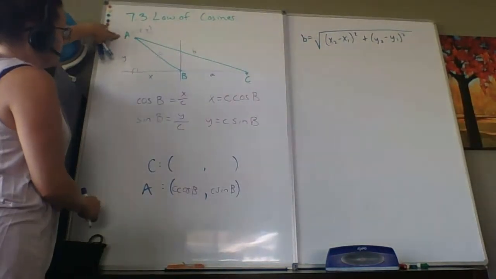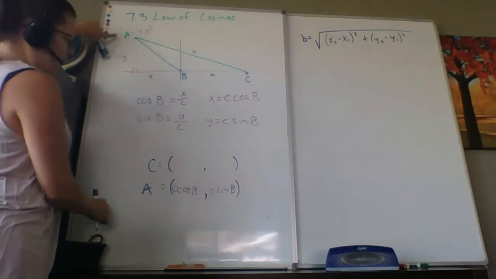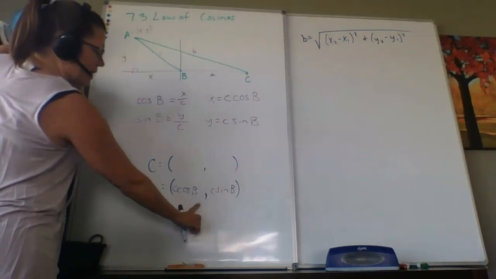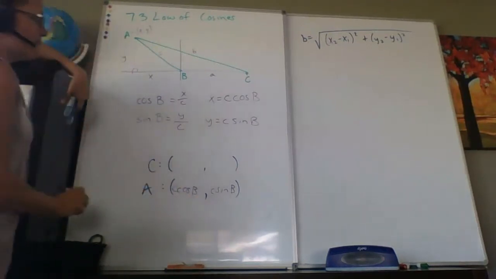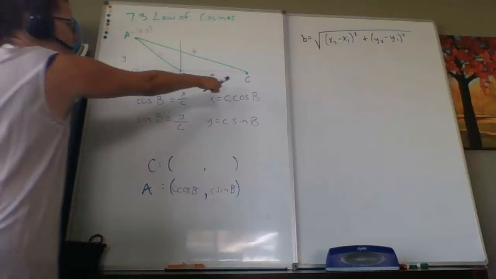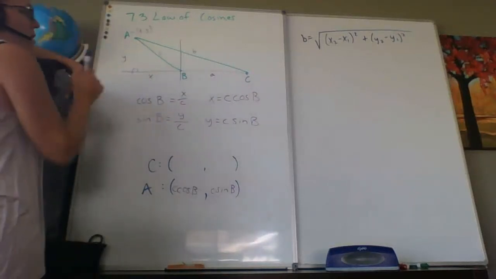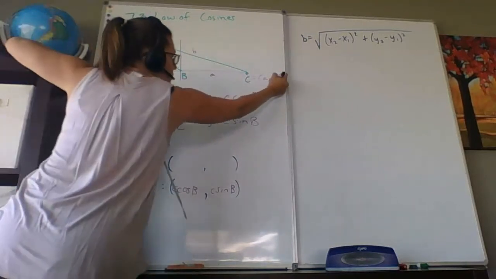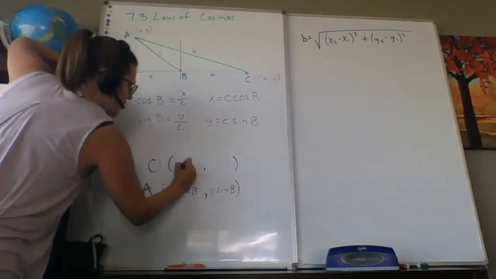Since the coordinates of A are x and y, we could write those as C cosine of B and C sine of B. Now for point C, notice our x value is A and the y value is 0. So the coordinates of C are just A, 0.